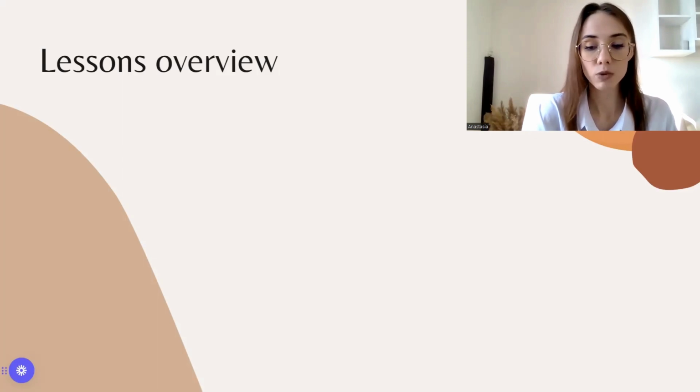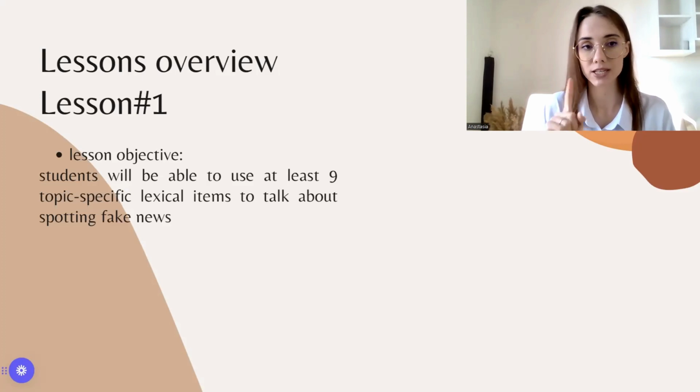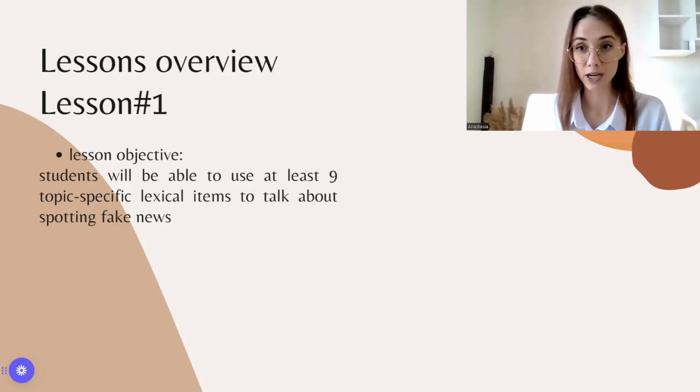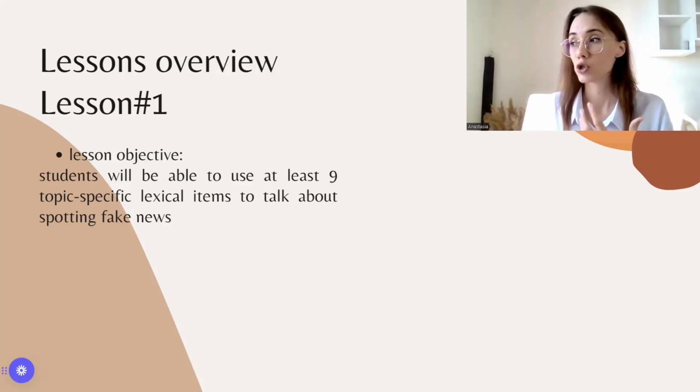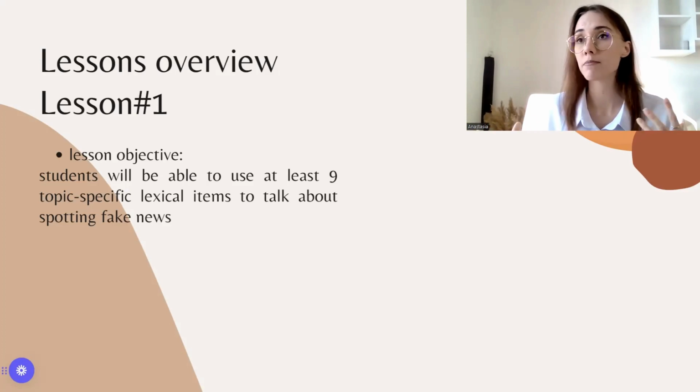And in the first lesson, we focused on fake news. So the lesson objective of this unit was to equip my students with the vocabulary that they can use to talk about spotting fake news. And we had 9 targeted phrases that I wanted them to acquire and to use in order to talk about fake news, how we can spot them.